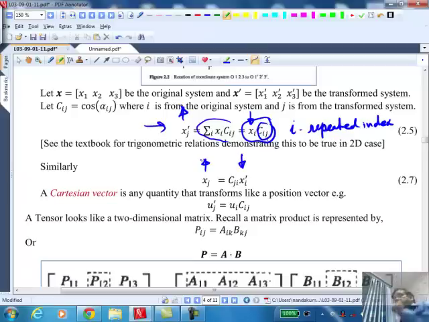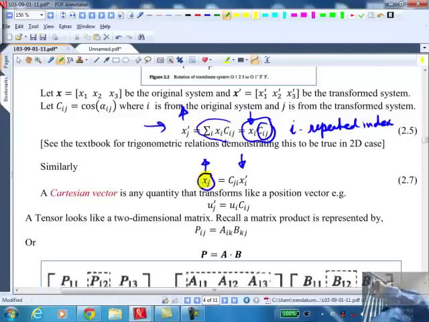Once again, the meaning for Cij or Cji still remains the same. It's a cosine of the angles between the old coordinate and the new coordinate. And here again, i is a repeated index, but j is a free index, meaning j appears only once in each term.